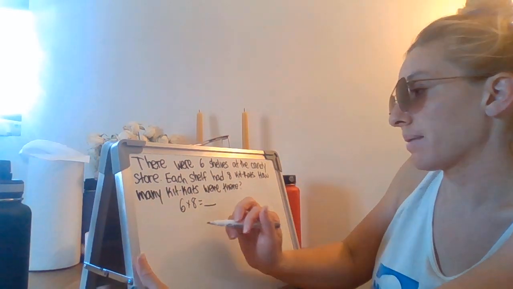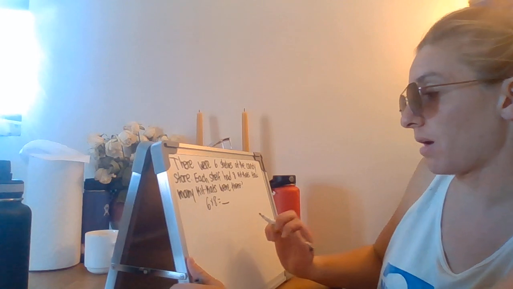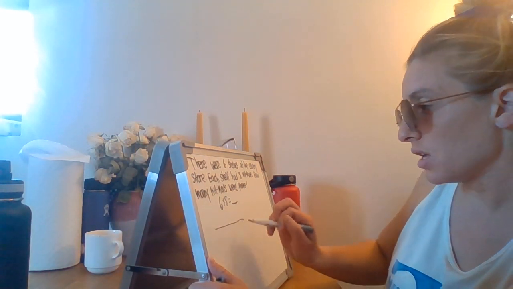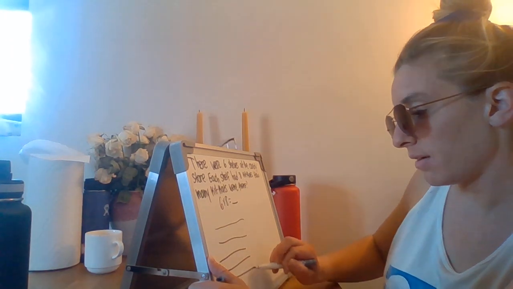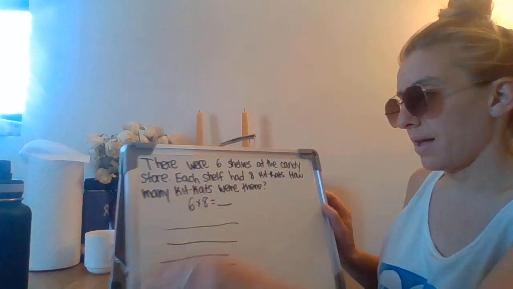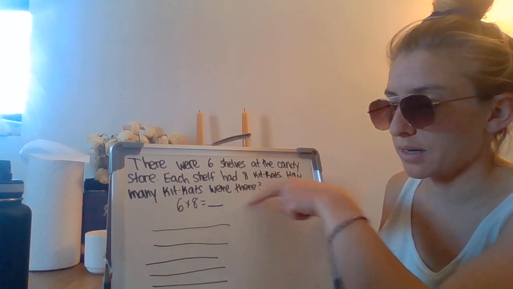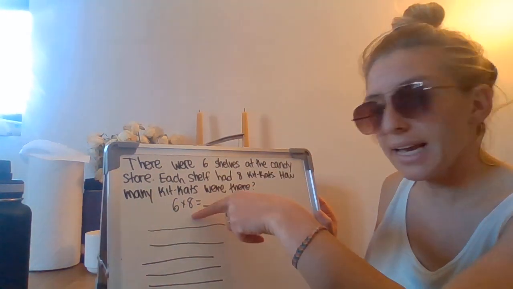Now, the first strategy I want to talk about is literally just drawing to represent this. So I'm going to draw 6 shelves, 3, 4, 5, 6, because it says there are 6 shelves, so I know there are 6 groups, and there are 8 in each group.